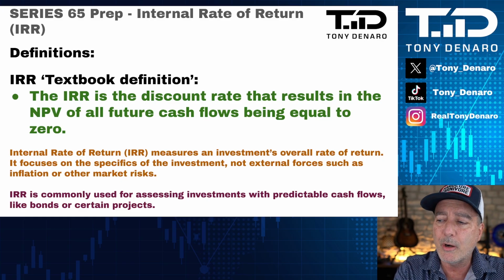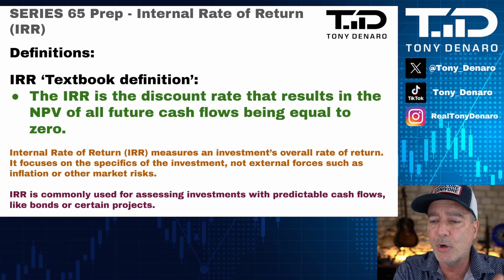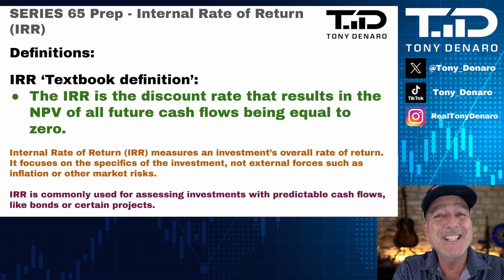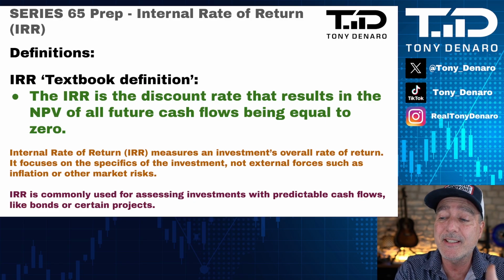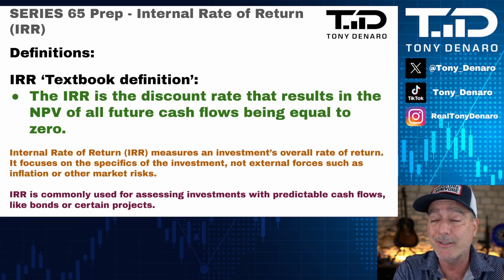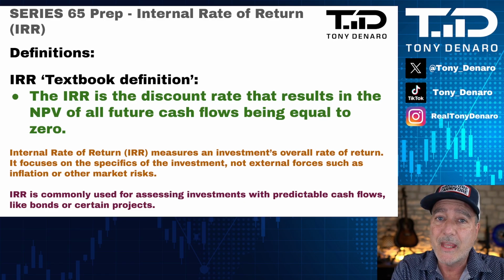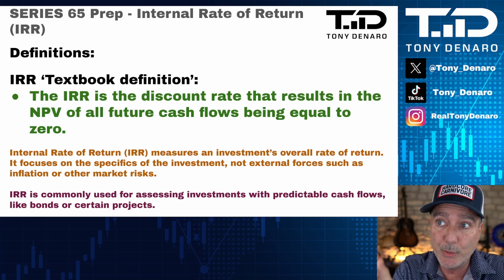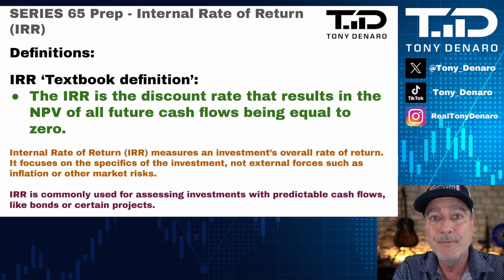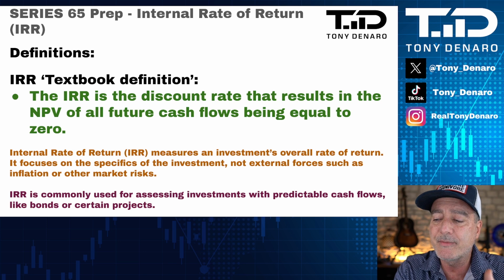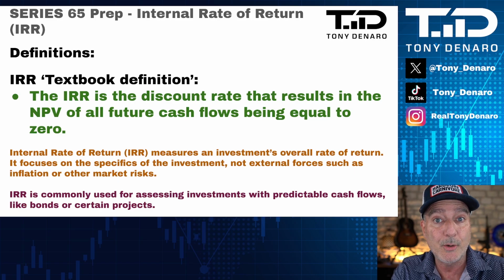The IRR measures an investment's overall rate of return. It focuses on the specifics of the investment and not external forces such as inflation or other market risks. And finally, it is useful to remember that typically we use IRR for assessing investments with predictable cash flows like bonds or certain projects.